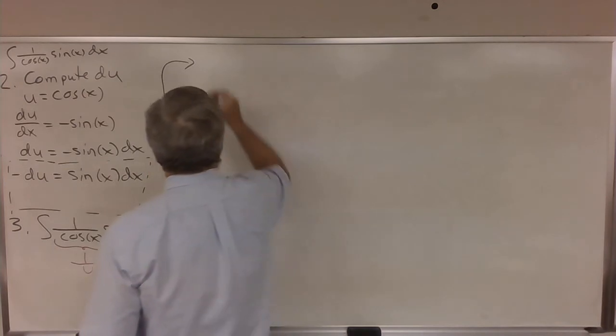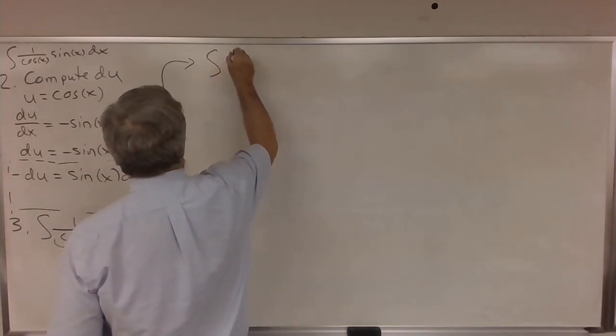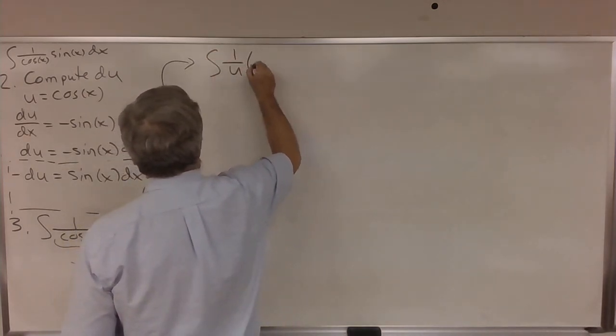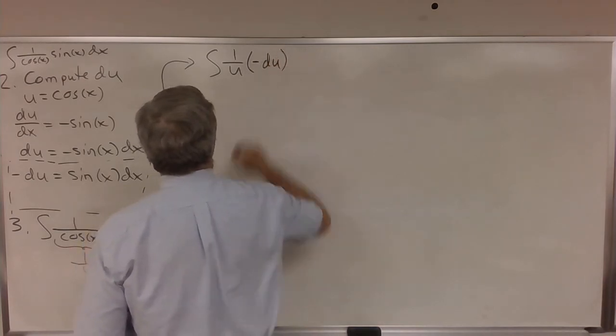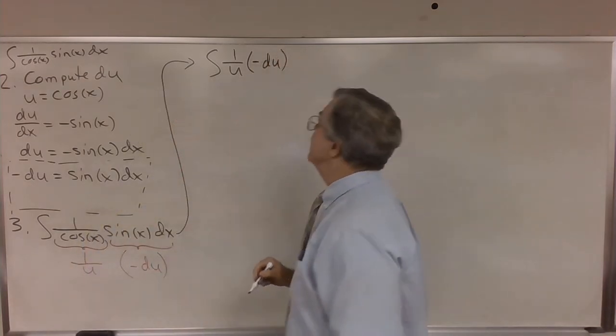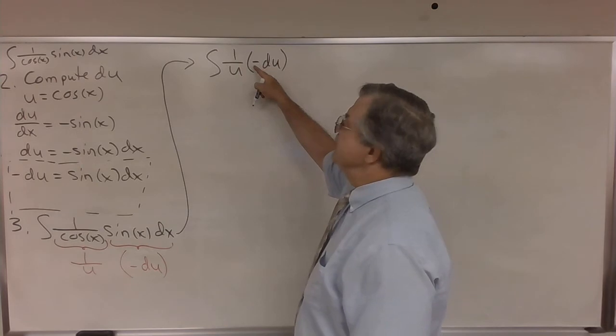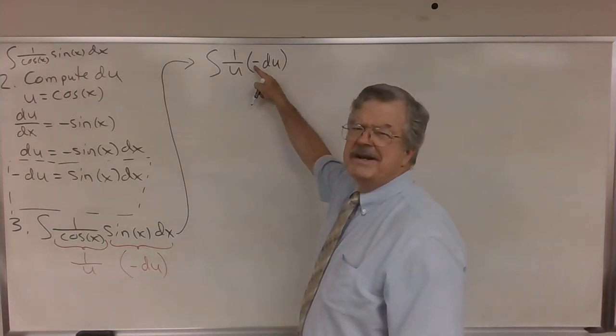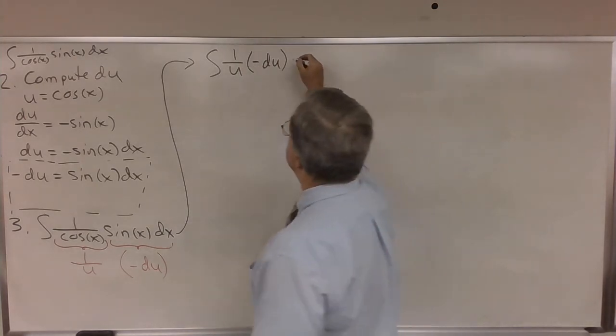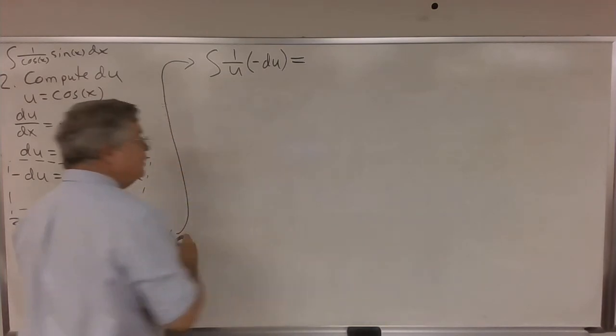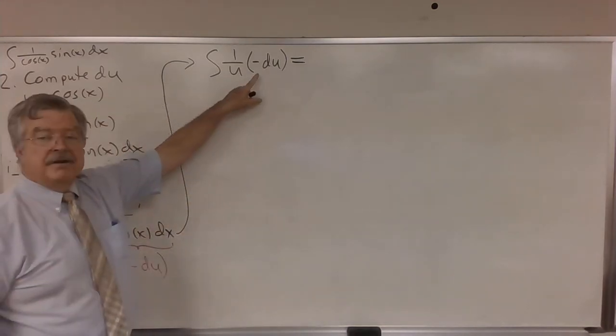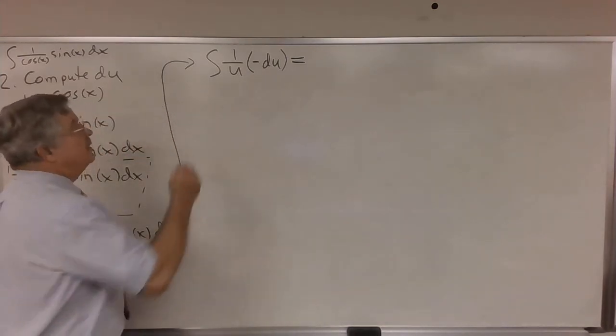So our integral is 1 over u negative du. And what this really is, is negative 1 times du. So what do we do with a constant factor in the integrand? You got it.